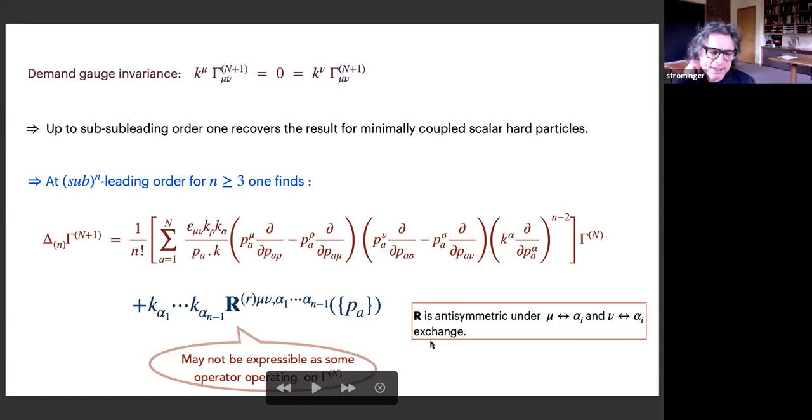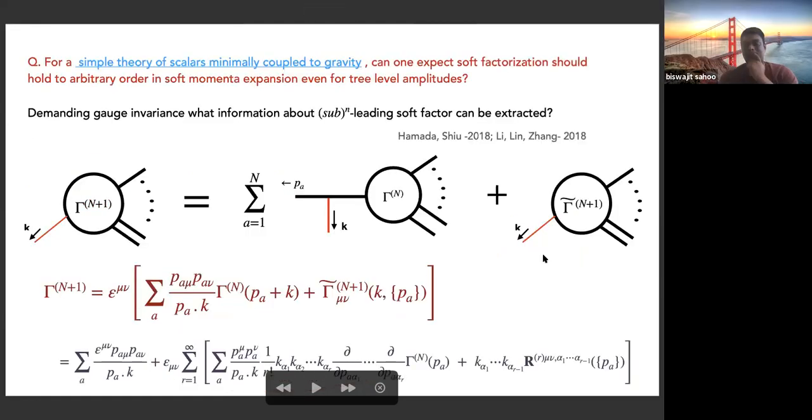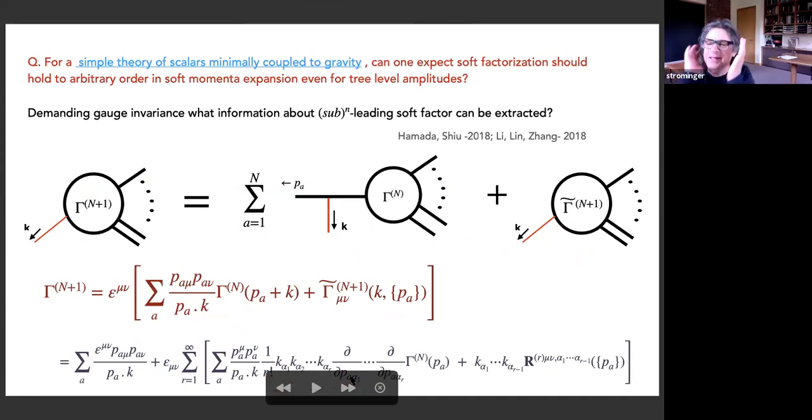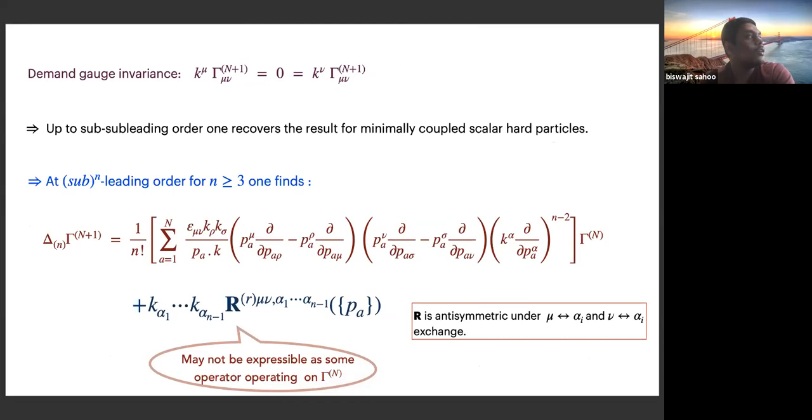Yeah, I understand that the first part is fixed, but what distinguishes it from the second line? I know how it came out of the calculation, but how do I say which part of the amplitude is determined by the soft theorem at order omega squared, or order omega cubed? Sorry, starting from order omega squared.